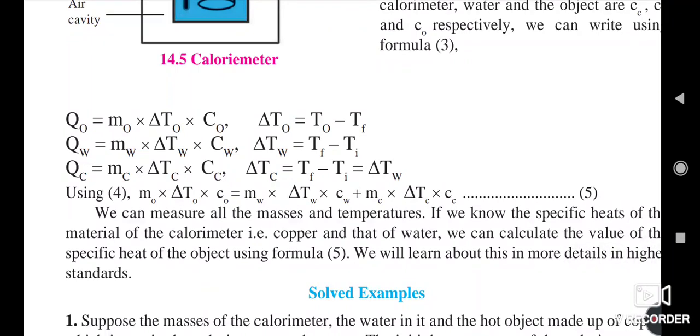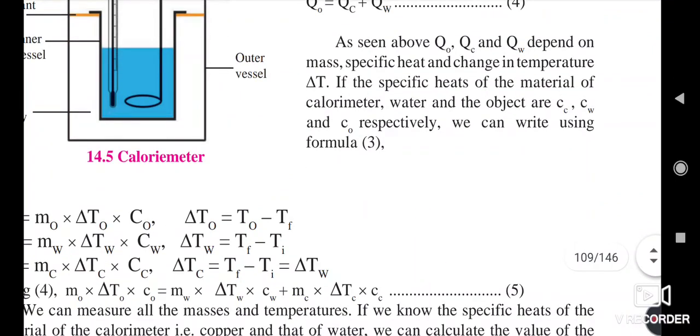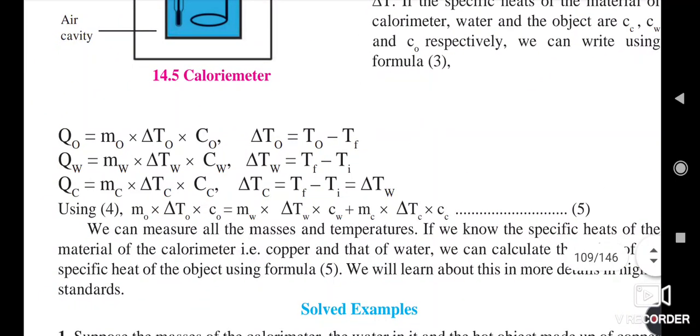QC means the amount of heat of the calorimeter: the mass of the calorimeter into the change in the temperature of the calorimeter into the specific heat of the calorimeter, that is the heat gained by the calorimeter.